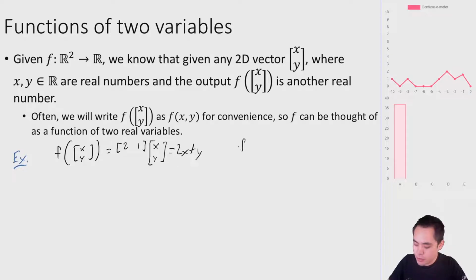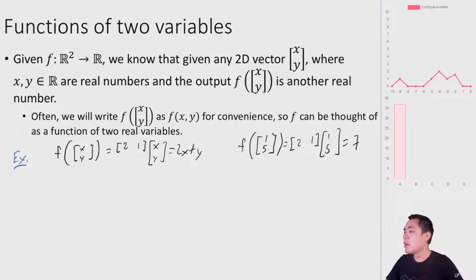And then if you plug in the numbers, f of (1, 5) would be equal to (2, 1) times (1, 5), which is equal to 7. Since we had a question about this 2D to 3D, maybe I'll make that one of my examples. I will have examples like that later.